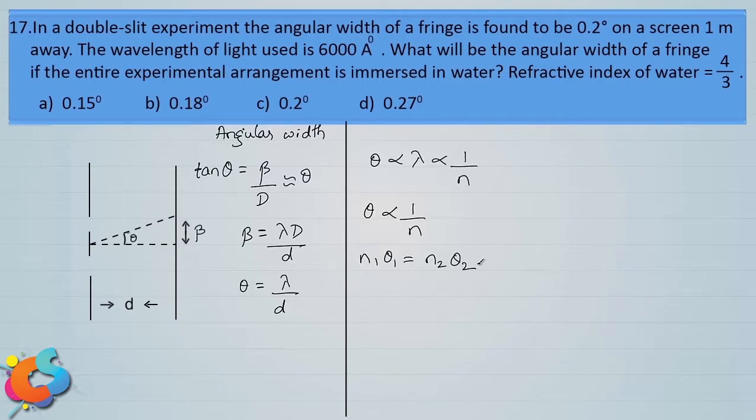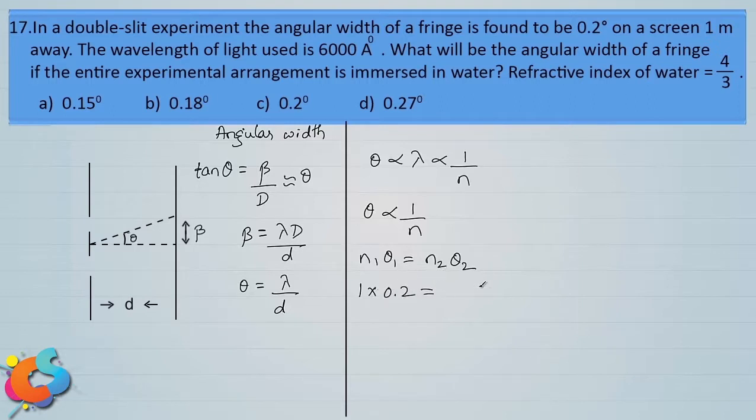Now, when you are given the data of the angular width in two different media of different refractive indices, you can make use of this formula. Here n1 is in air, whose refractive index is 1, and theta 1 is the angular width in air, which is given to be 0.2 degree.